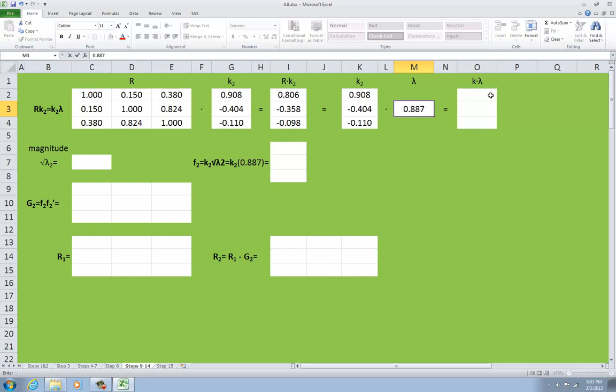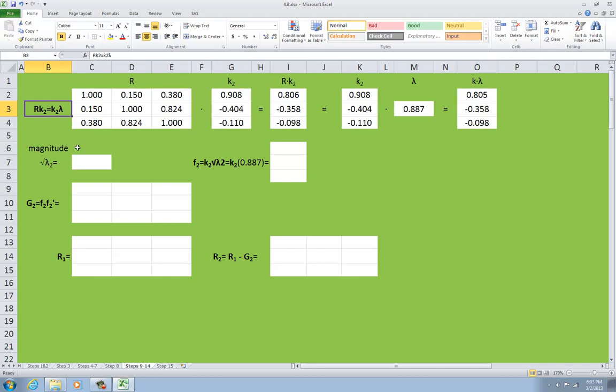Let's double check with that. We should get the same thing when we multiply these together, which we do. Of course, there's rounding error there. So we have obtained the corresponding eigenvalue from this equation that we've been using.